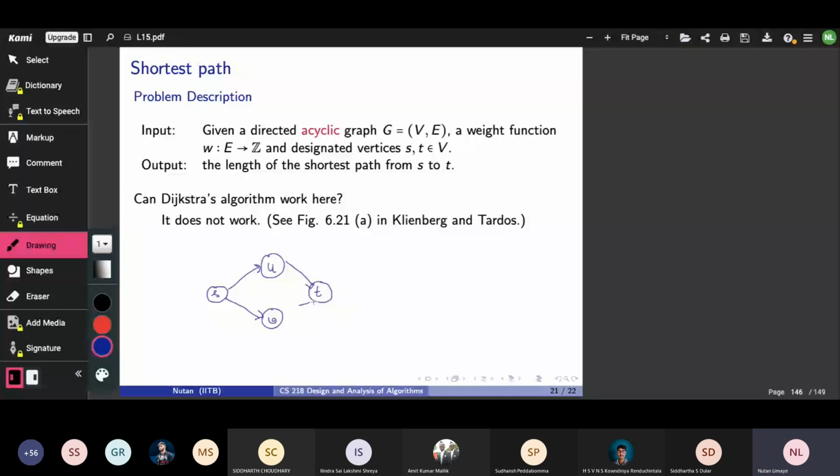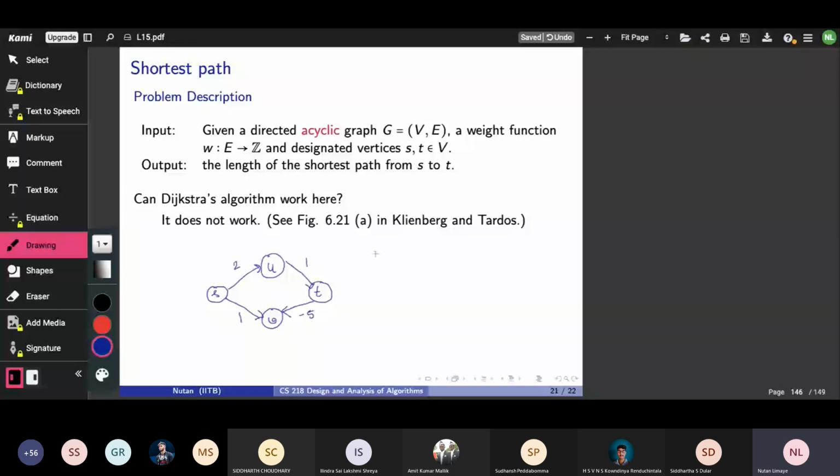So notice that this graph is acyclic. The exact weights from the textbook may not be these, but the point will be conveyed nonetheless. So I want to find the shortest path from S to T. Suppose I try to apply Dijkstra's algorithm. What will Dijkstra's algorithm say?